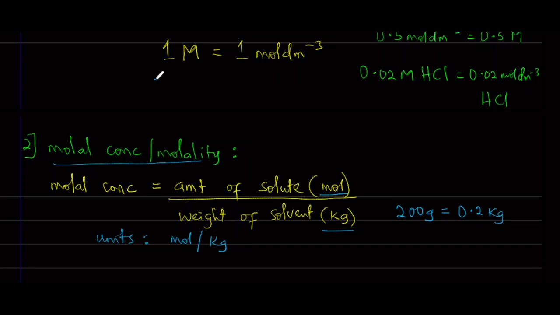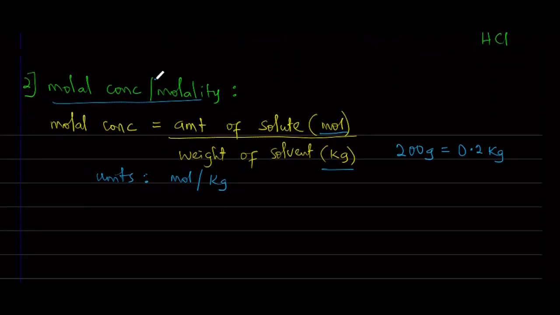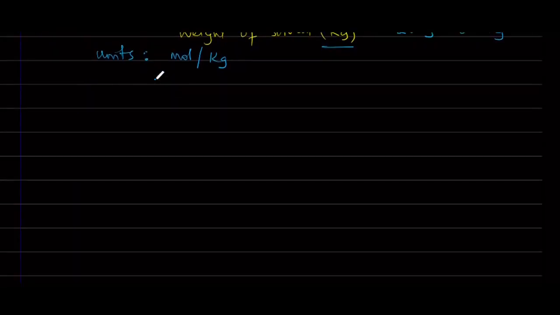Now let's move to the third one, which is known as mass concentration. Mass concentration, which is another concentration of solution unit, can be defined as the amount of solute in grams dissolved in 1 Dm³ or 1 liter of solution.